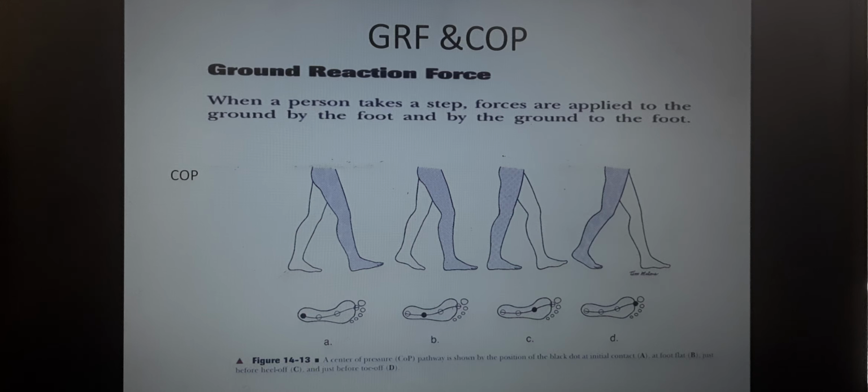Another one is the center of pressure, COP. The center of pressure of the foot on the supporting surface moves along a path during gait and produces a characteristic pattern. During the heel strike, the center of pressure will be on the heel. During the flat foot, just distal to that.